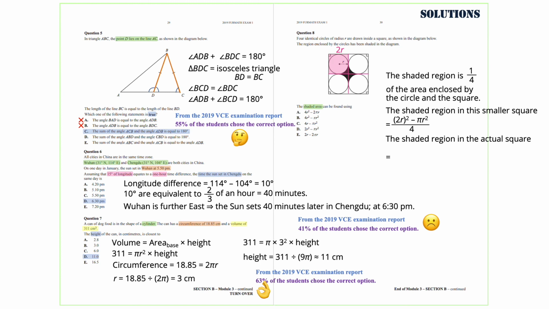So it's 4 times 2r all squared minus pi r squared all divided by 4. The two 4's cancel each other. Therefore, we end up with 4r squared minus pi r squared. So the answer we are after is option B. From the 2019 VCE examination report, 51% of the students chose the correct option.